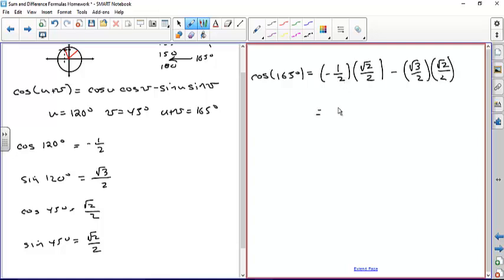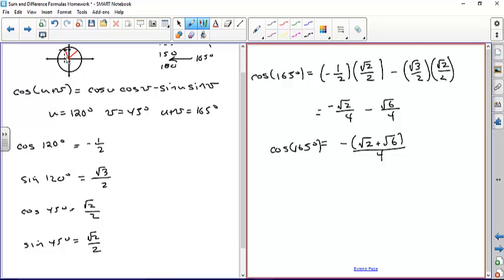So we're going to get negative the square root of 2 over 4, and then minus the square root of 6 over 4. So we get negative the square root of 2 plus the square root of 6, over 4. So that's the cosine of 165 degrees.